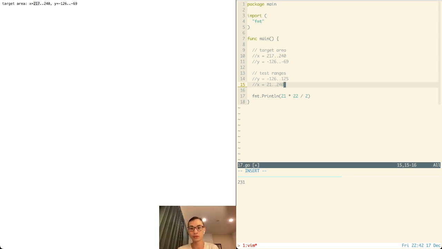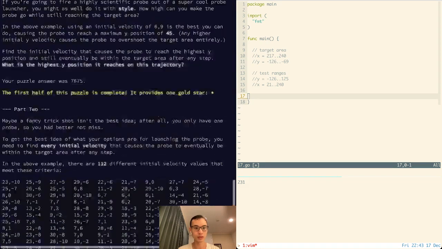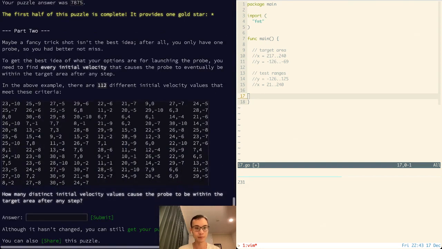So why not just brute force it? Those ranges don't look humongous. They do not look humongous. In fact, let's just try it with the example one.